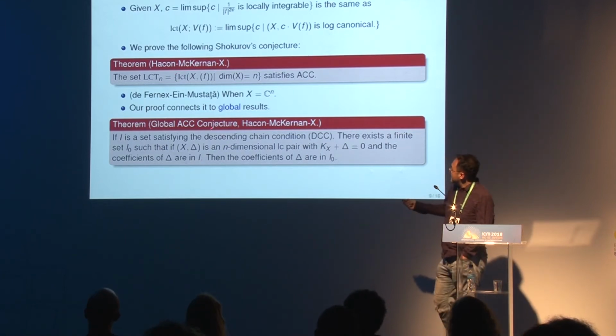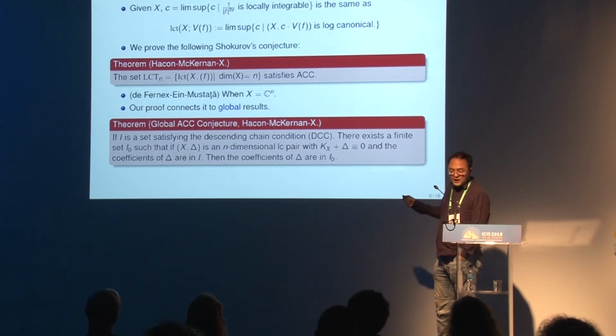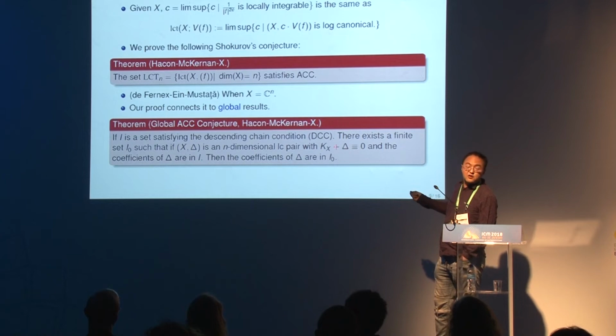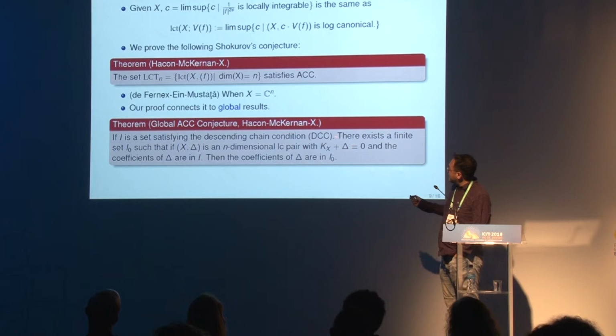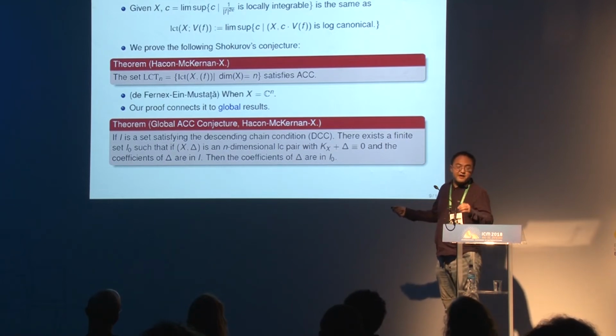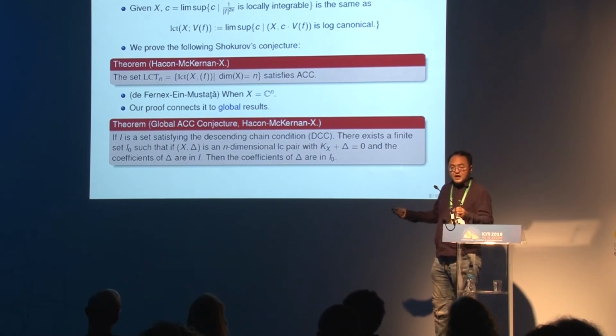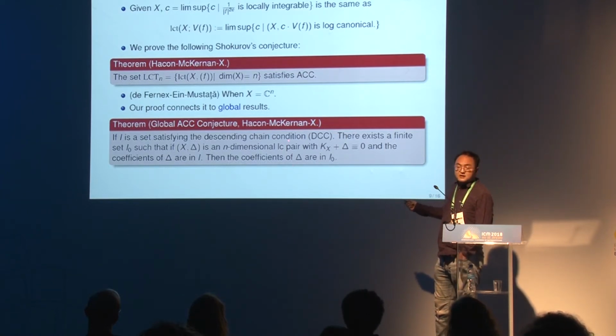Basically, this conjecture says: if I have a log canonical pair (X, Δ) which is log Calabi-Yau, so K_X + Δ is trivial, and I assume the coefficients of my Δ are inside a set I, which I fix at the beginning and which satisfies the descending chain condition, then I conclude there is a finite set I_0 in I such that for all these pairs, the coefficients of Δ will automatically be in I_0.